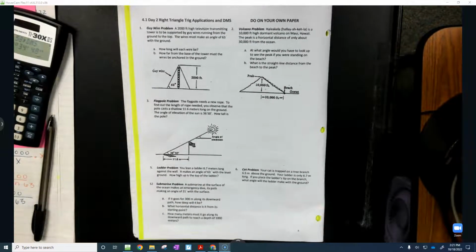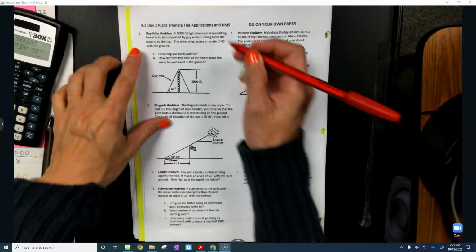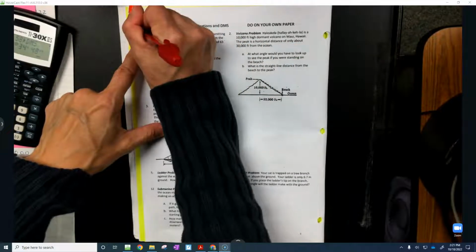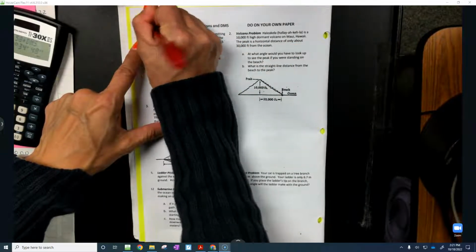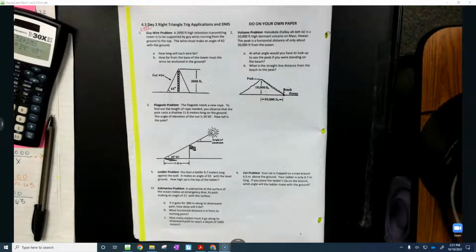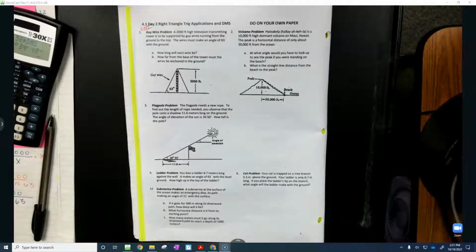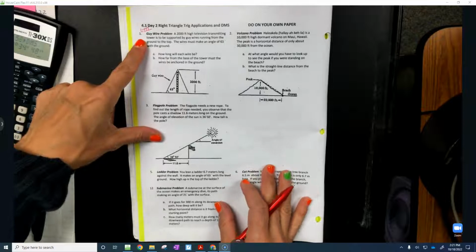I'm going to tell you the level of these. Number 1 is level 3. What do you mean by level? Level of difficulty. On a scale of what? What's the max? 1,000. Okay. All right. So this is level 3.